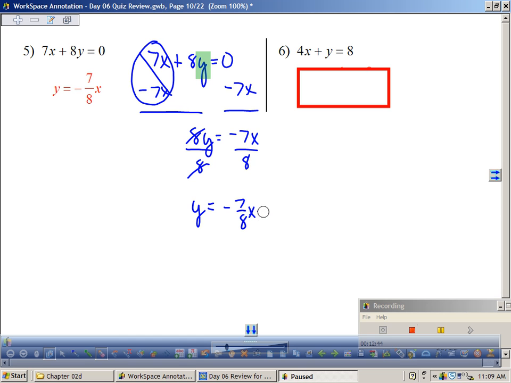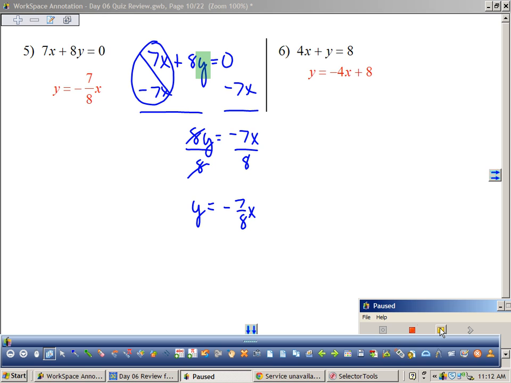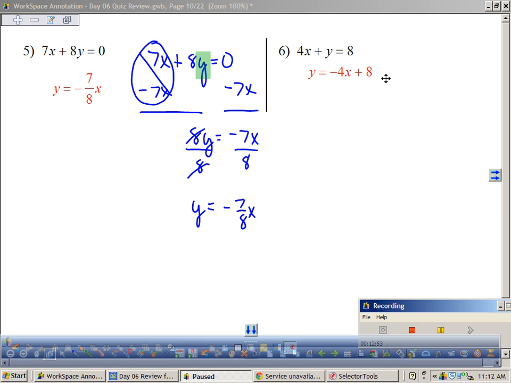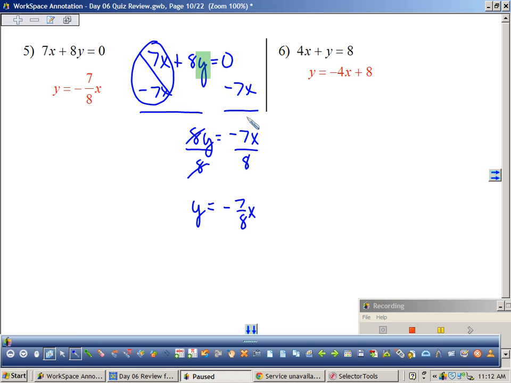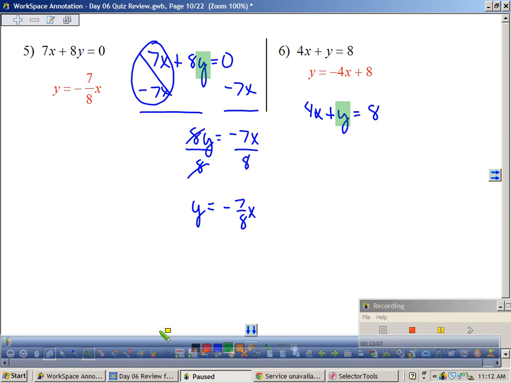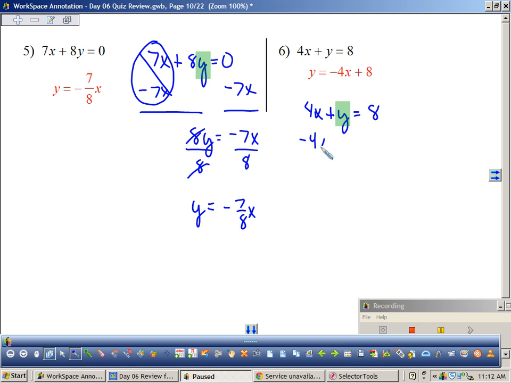All right, do number 6 for me. All right, so here is your answer. Negative 4x plus 8. All right, 5, 4, 3, 2, 1. So the only thing I have to do to get y by itself, right, Levi, is subtract 4x from both sides.